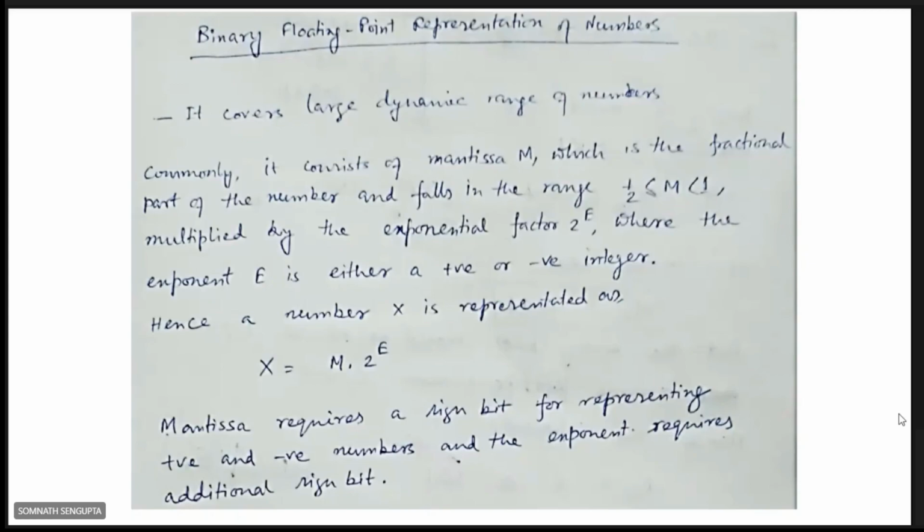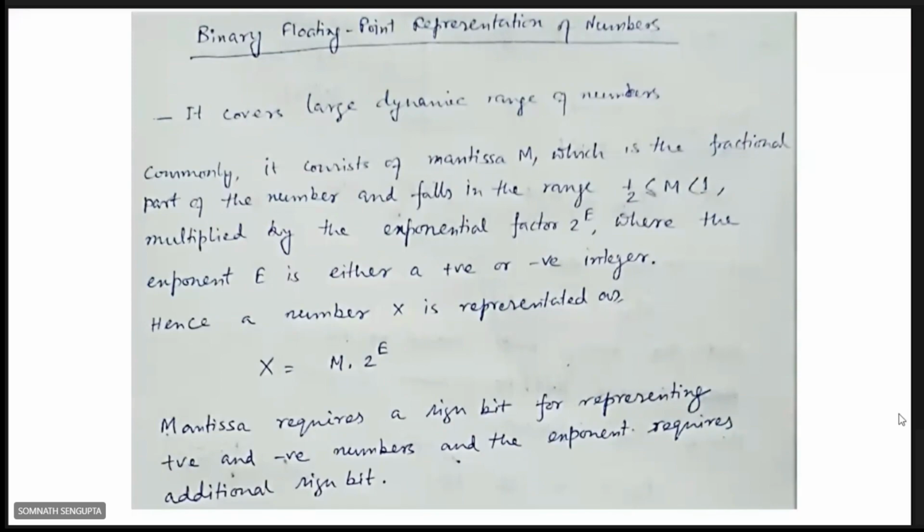So it has a large dynamic range. It is simple how we represent floating point numbers: some separate register is used to designate the binary point.